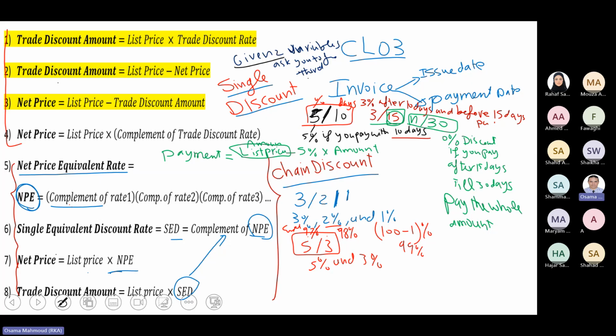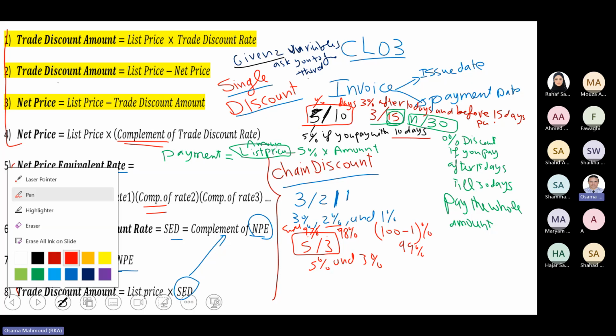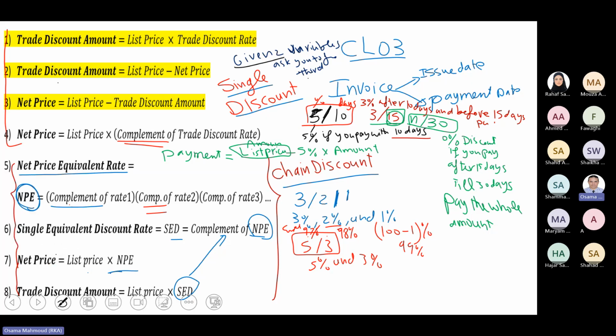So the main issue here, you have to understand what complement means, even in this formula or in the chain discount formula also. But here, the complement of NPE is a decimal, not a percentage, right? So the complement of this one is 1 minus NPE, right?